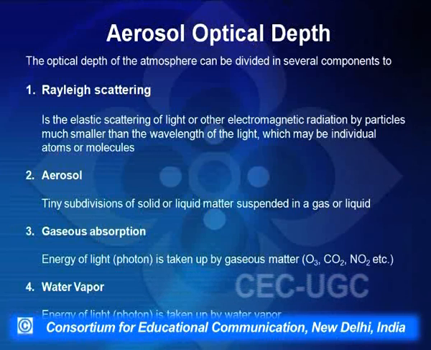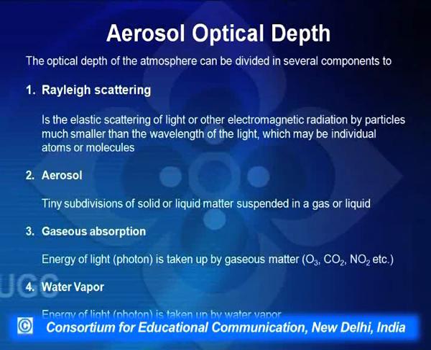Now, the major problem with the aerosol optical depth, because here we are concerned with air pollution or aerosols which are of mostly anthropogenic origin, but there are many other particles which are natural that cannot be considered as air pollutants, that can also interfere with our study. They are Rayleigh scattering. Rayleigh scattering is the scattering of the light by the gaseous particles, those atoms or molecules which are very, very small as far as the light's wavelength is concerned.